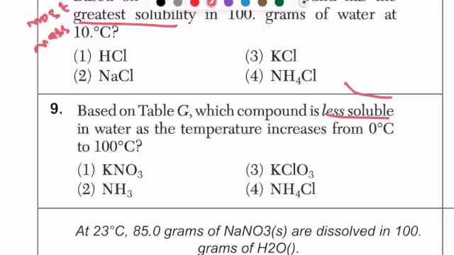So that is going to be, according to your table, NH3, which is a gas. Because remember, gases, if you increase the temperature, gases actually dissolve less because now they are able to move faster. So instead of staying dissolved, they would want to leave the solution if they can move more.